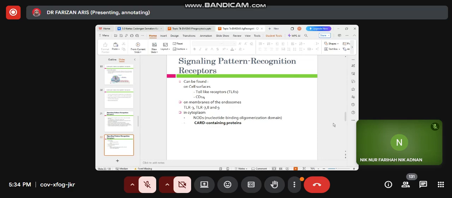For example, they produce cytokines, they produce enzymes, so they produce something. That's why it's known as signaling pattern recognition receptor. And these are examples of the receptors that could be found.